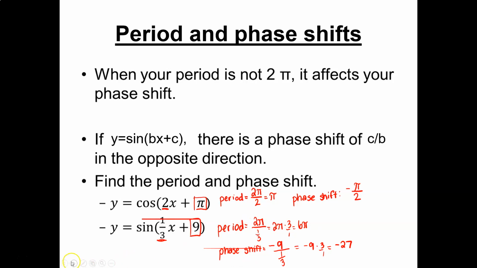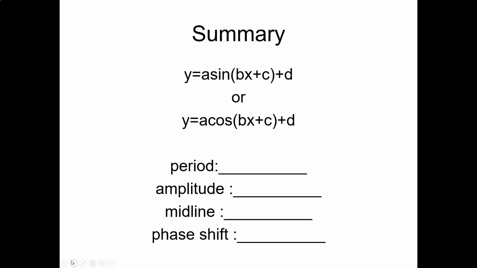All right, so let's summarize here what's happening, okay? I've just used the letters A, B, C, and D right here. A, B, C, and D are all constants that we could replace with numbers. X is my variable here. And it does not matter whether you're doing sine or cosine.